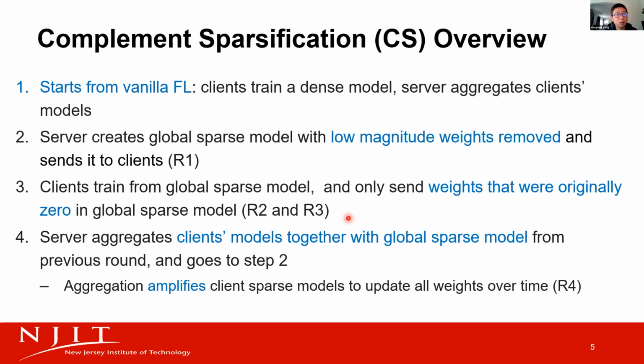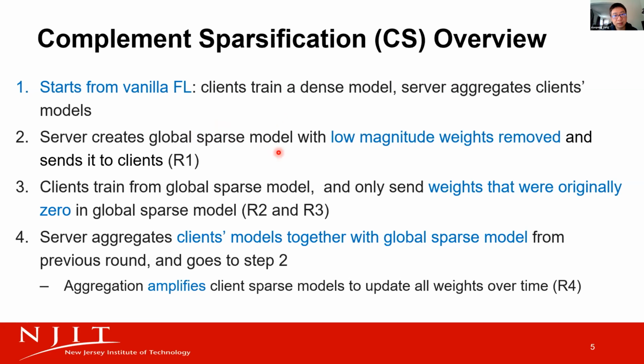So this is our overview. We propose complement sparsification. Firstly, complement sparsification starts from vanilla federated learning, where the clients train a dense model and the server aggregates the models from the clients. And then we have the server create sparse models.